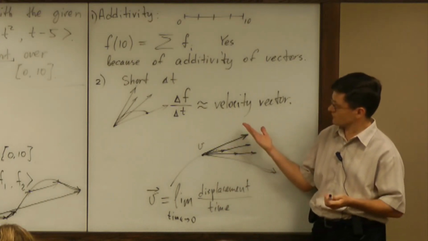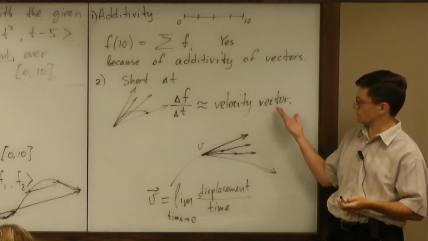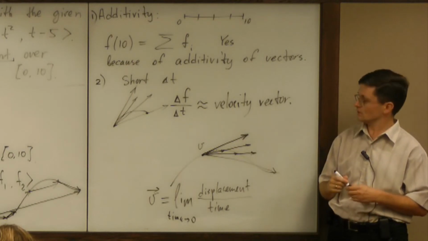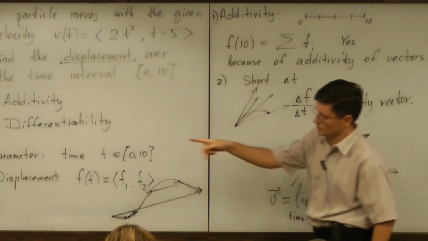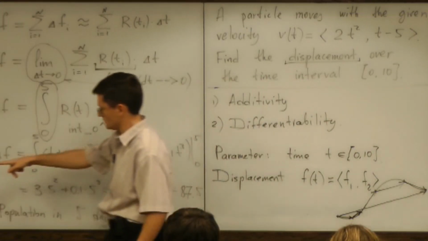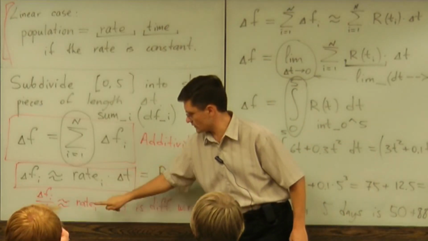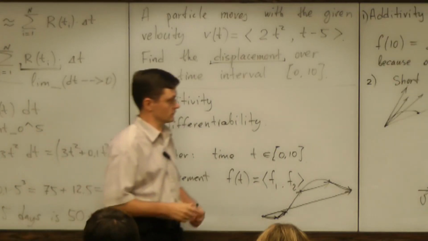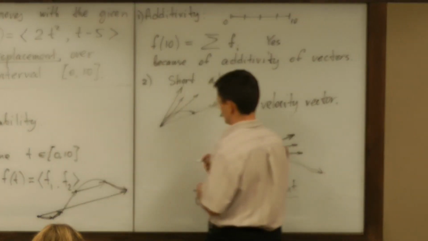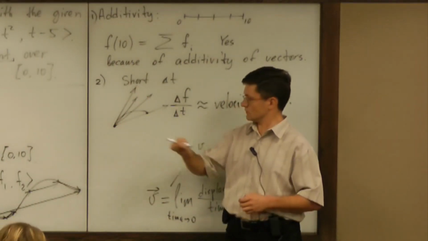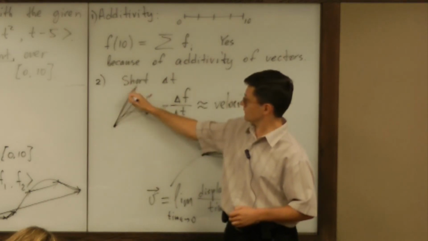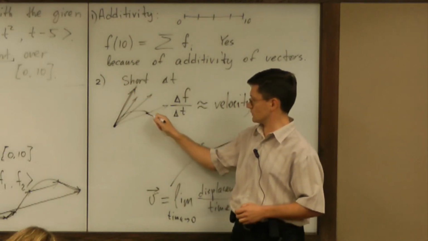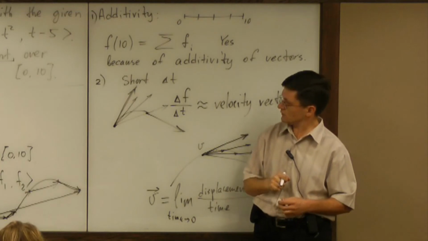But you know, there's a problem here. I wanted this velocity vector to be one vector, because that's what I assumed somewhere there. I wanted this to be a constant, or approximately a constant. Now, the velocity of my particle at this point is like that, and the velocity at that point is like that.